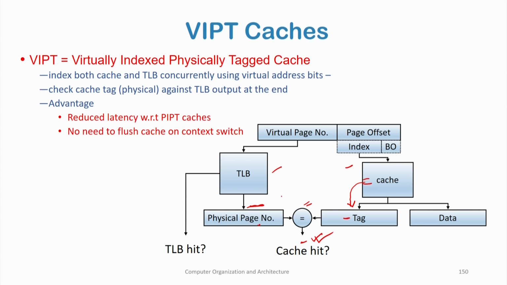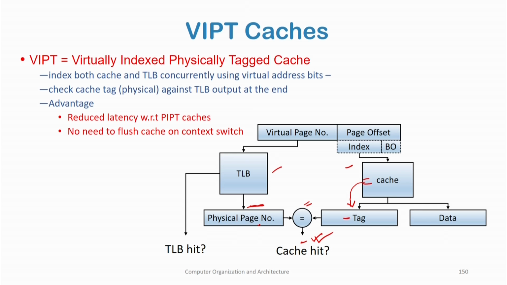With respect to a virtually indexed, virtually tagged cache, it is not as efficient when one process is running, because if there is a TLB miss, I have to go to the physical memory. However, if there is a TLB hit, I can check for the cache hit without going into the physical memory, and I save time.